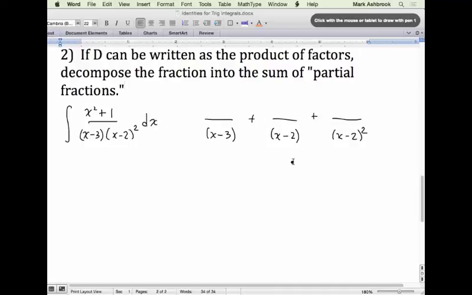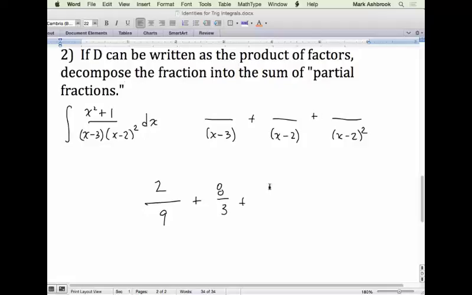Question? Where did the just x minus 2 come from? We need all possible denominators that would have this as the common denominator. So we kind of think backwards from adding fractions. Right? So when you add something like 2/9 plus 8/3 plus 5/2, what's your common denominator?